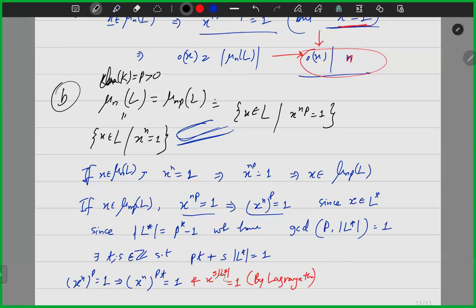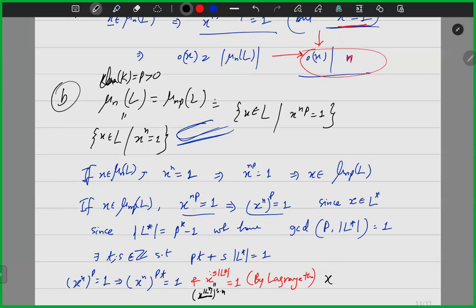You can also raise this to the power n, and it will be 1 because inside it is 1.